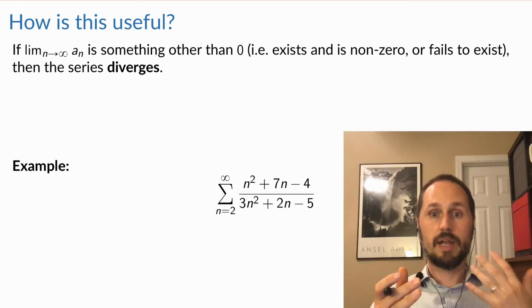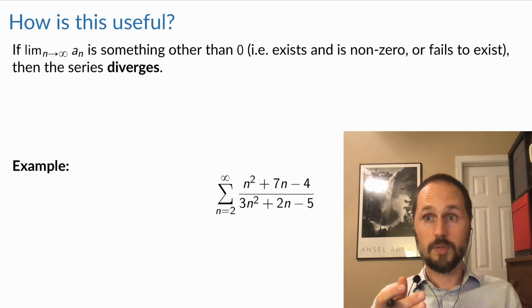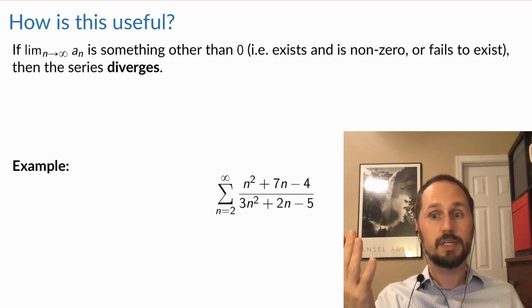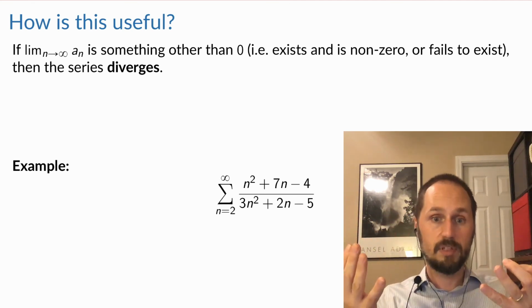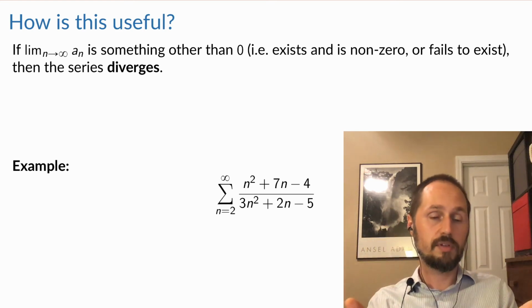The two ways this can happen are having a limit that exists but is some number other than 0, or you can have a failure to have a limit exist. Those are two different ways you can fail to have a limit equal to 0. Okay, so then if that happens, then we say that the series diverges.